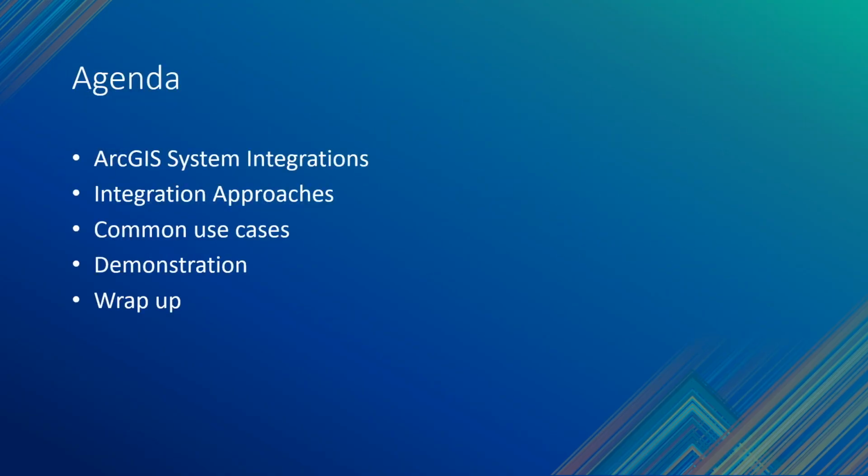Perfect. So to begin, a quick agenda. When it comes to integrations between enterprise systems and applications, it can definitely take many forms, right? And each of those forms has various degrees of complexity. So when approaching an integration during the design process, it's important to consider what types of integrations may be possible.